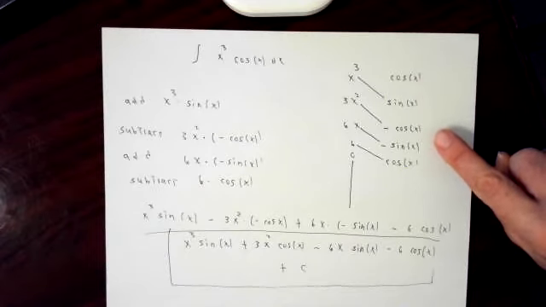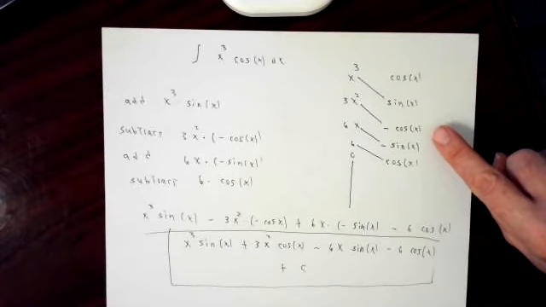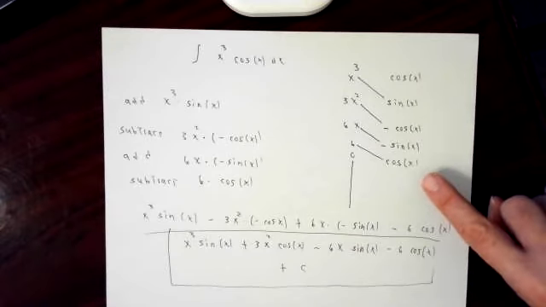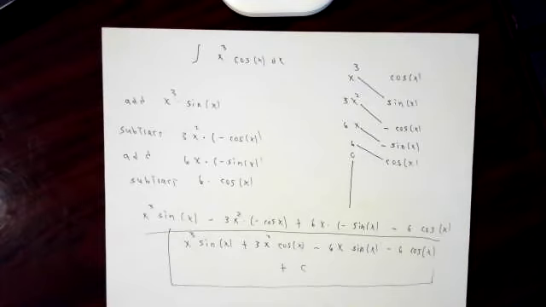A function whose derivative is sine is negative cosine. The derivative of negative sine x is negative cosine x, and the derivative of cosine x is negative sine x. Then draw your downward sloping lines and start doing this add and subtract business.